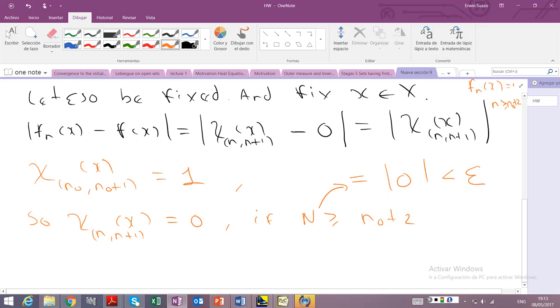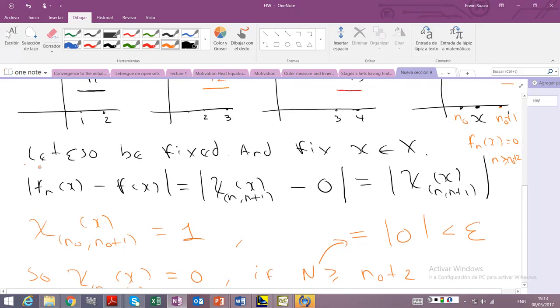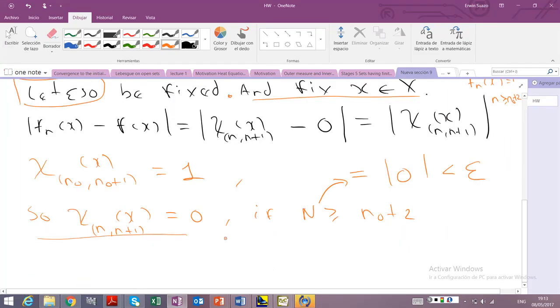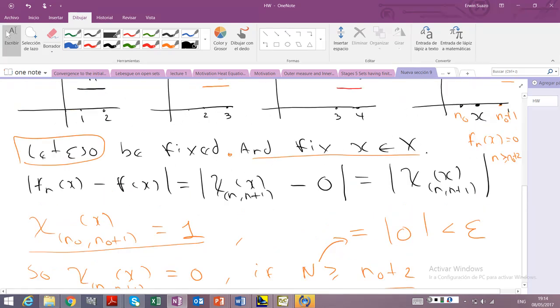So we have proved that you can give me the epsilon you want, you choose the x, whatever you want, and then I will choose an n_0 and n_0 plus 1 containing the x. After n_0 plus 2 these are going to be 0, because at this point it is 1, so I just have to take the next one, and this is equal to 0, less than epsilon, and that's why this is pointwise convergent.